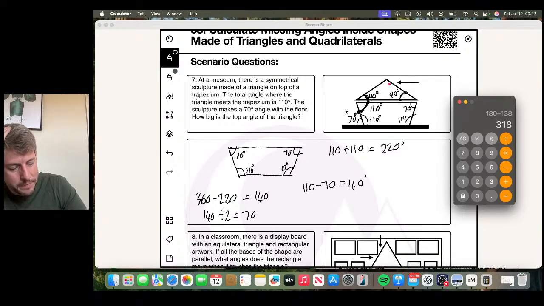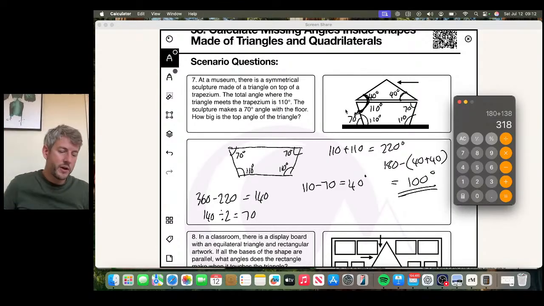So 40 add 40. In the triangle, they have to make up to 180. So 180, take away the 40 add 40, is 180 take away 80. So that's 100 degrees. So the angle at the top of the triangle will be 100 degrees. Okay, I'll put that here as well. 100 degrees.